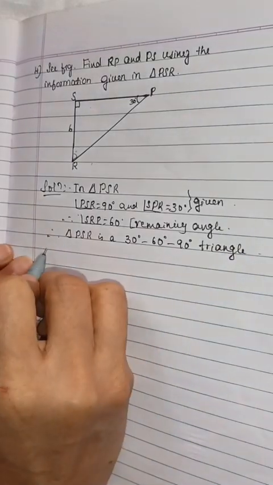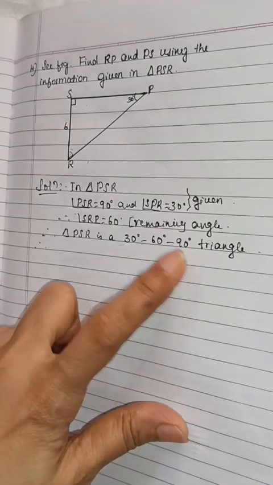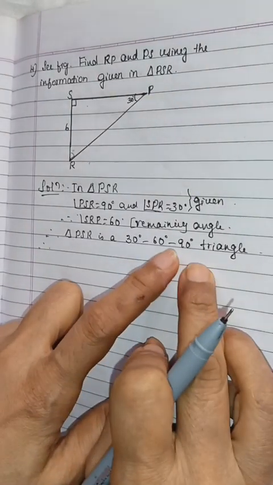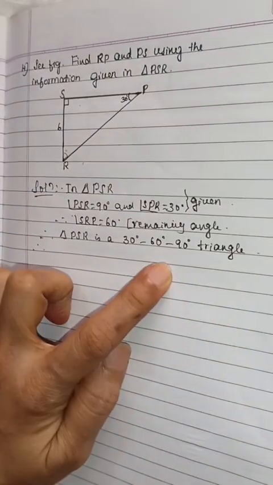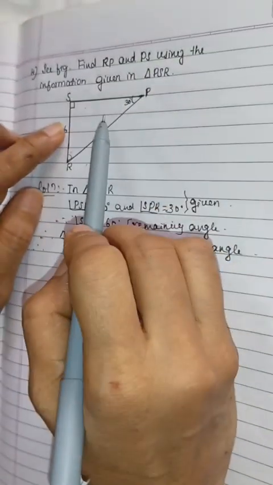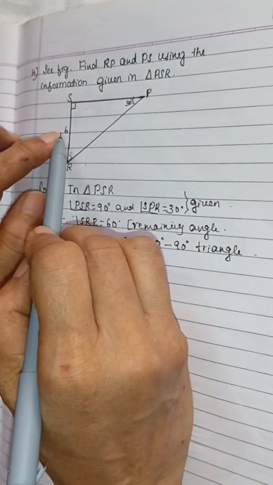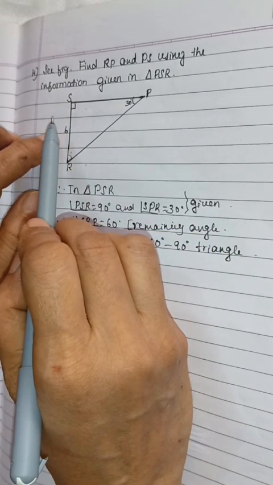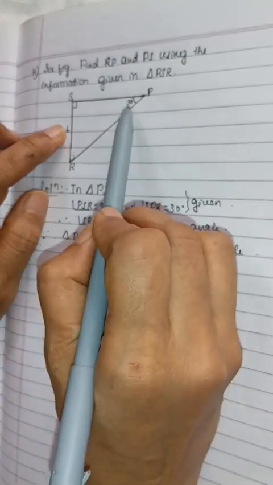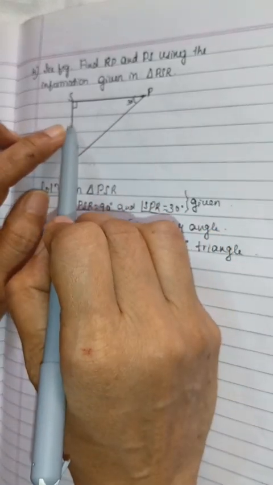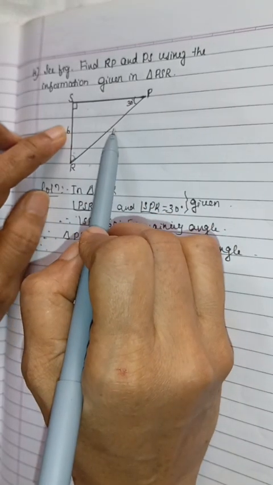Okay, therefore the 30-60-90 degree triangle theorem says, what is the formula? Here the formula is the side opposite to the 30 degree angle is half of its hypotenuse, this side SR. See, the side opposite a 30 degree angle is half of its hypotenuse.